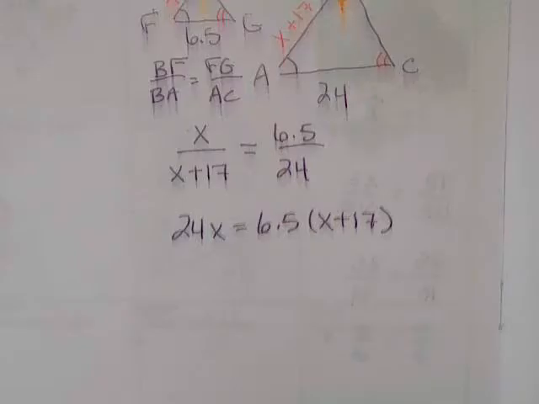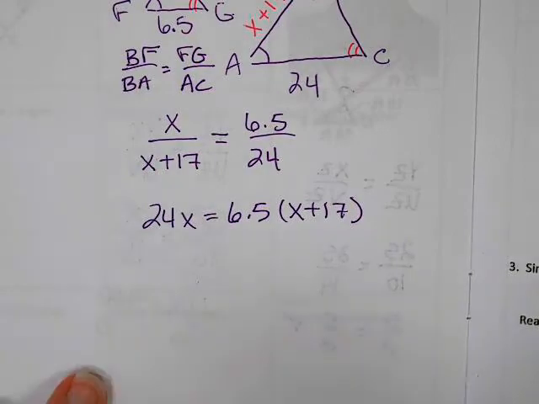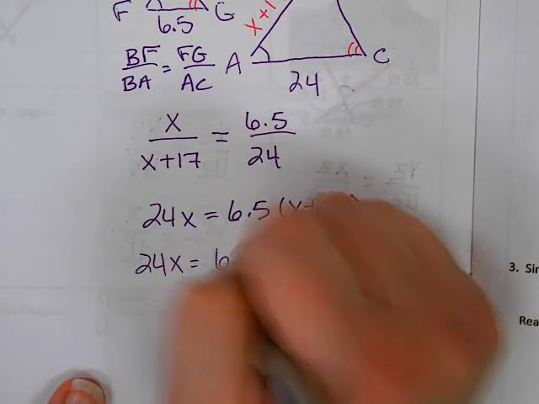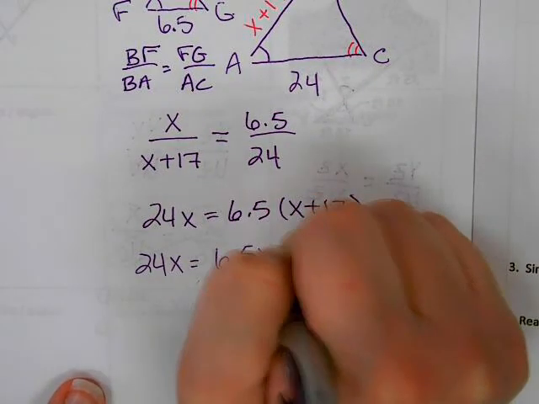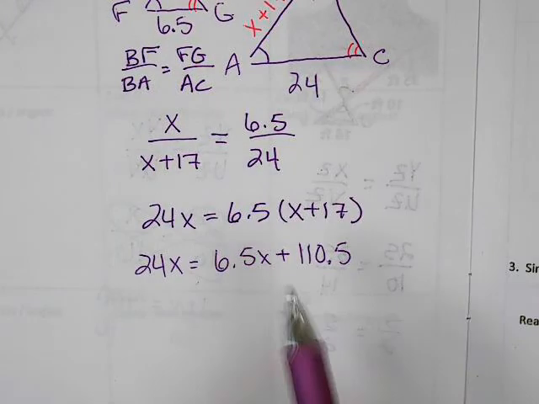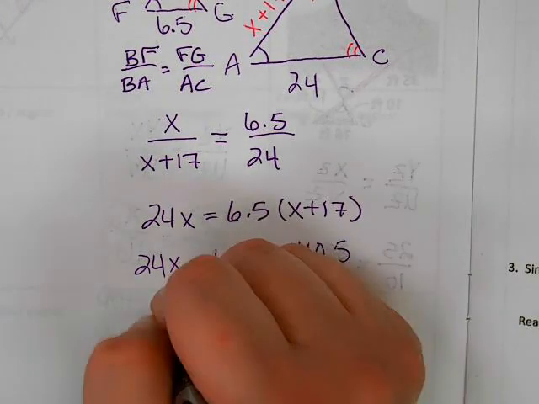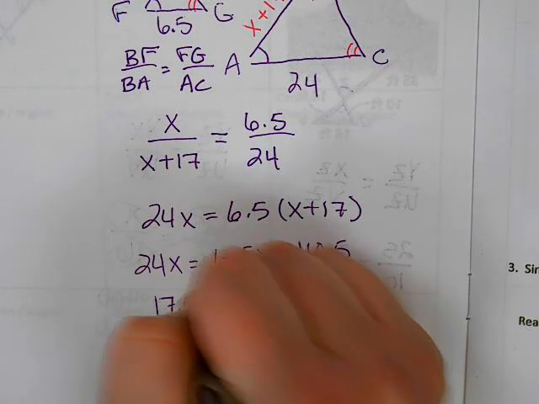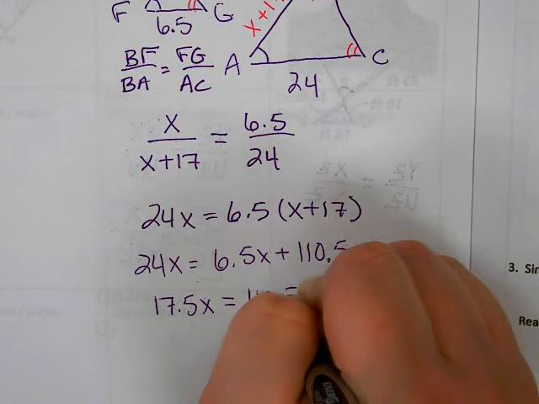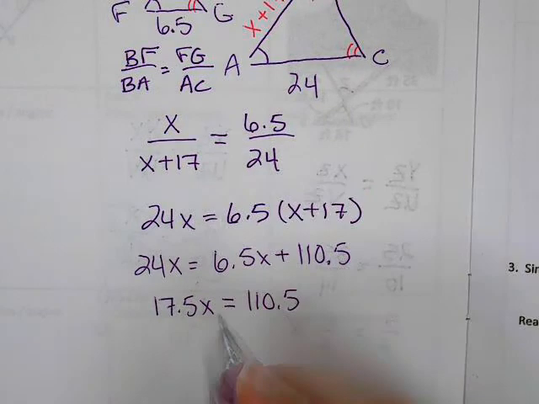I'm going to move down so you guys can see what I'm doing here. We have to distribute that 6.5, so 6.5x plus 110.5. Subtract that 6.5x over. You guys know this algebra, so hopefully you're okay with me not completely showing all my work.